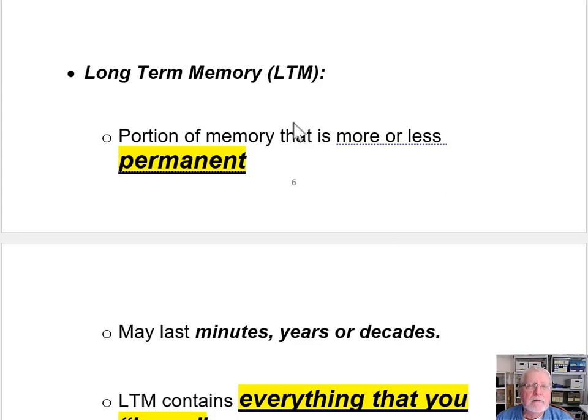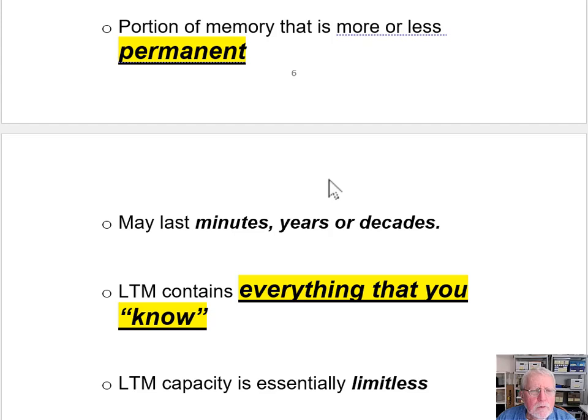So one way to think about long-term memory is the portion of memory where information could last minutes, years, or even decades. Here's another way to think about long-term memory. Long-term memory contains everything that you know. If you know who the President of the United States is right now, that's because that information is in long-term memory.